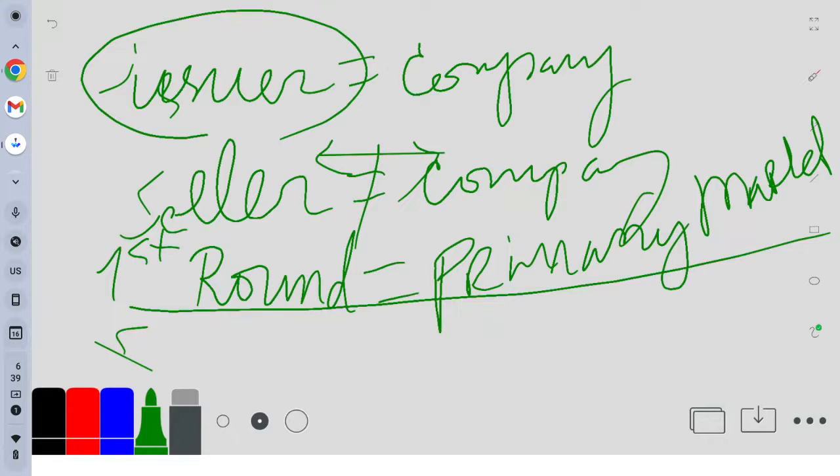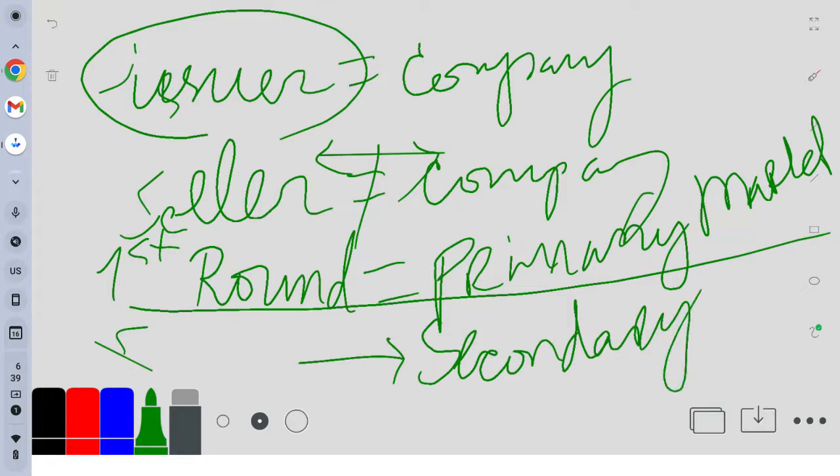After the first round, second round, third round, it is called the secondary market. In the secondary market, it's all between the investors.